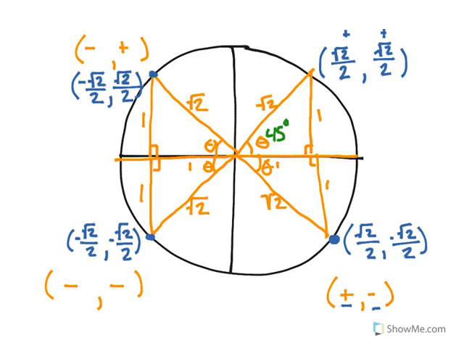Now the reason why I put this 45 degrees in here is because this theta right here is not 45 degrees. It's built off of a 45, 45, 90 triangle, but that's not where it is on the entire circle. To figure out where this is, remember that in order to gain a degree measure, you have to start the initial side on the unit circle at the positive x-axis.